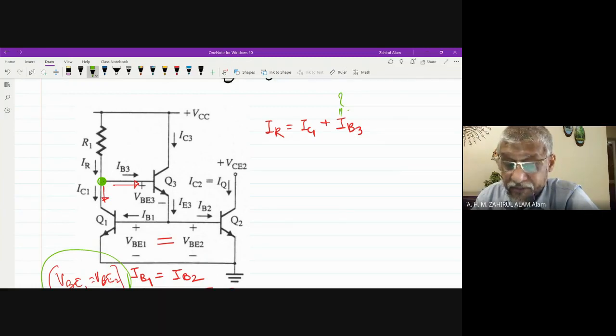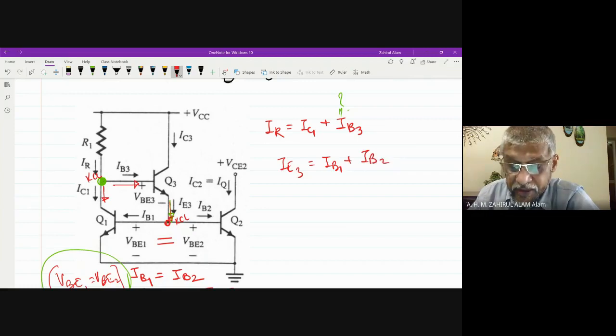And how can we find it? So let us see. If we look at this node and apply KCL, then IE3 is equal to IB1 plus IB2.